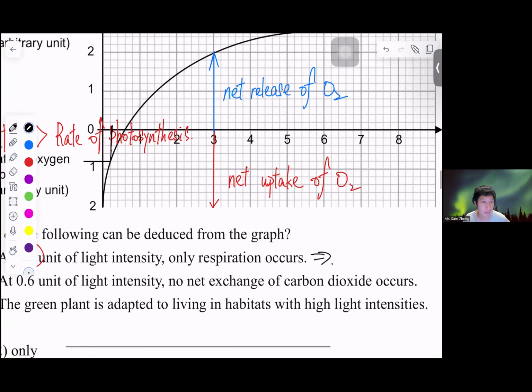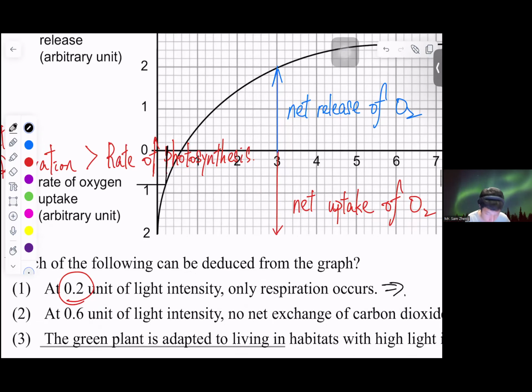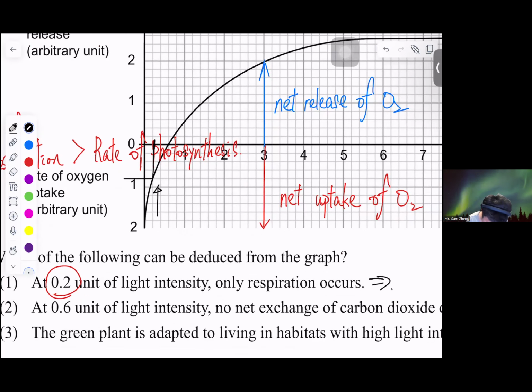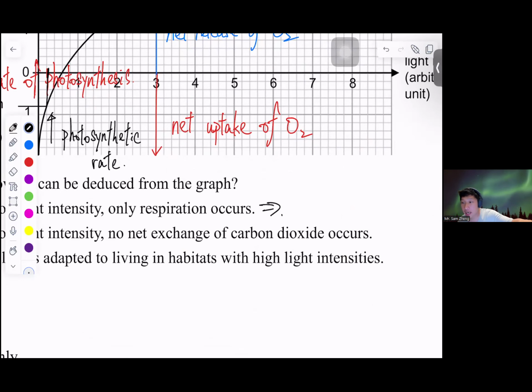Because you can see that there is a drop in the net uptake, meaning there is an increase in the photosynthetic rate. This causes the value to move upward.